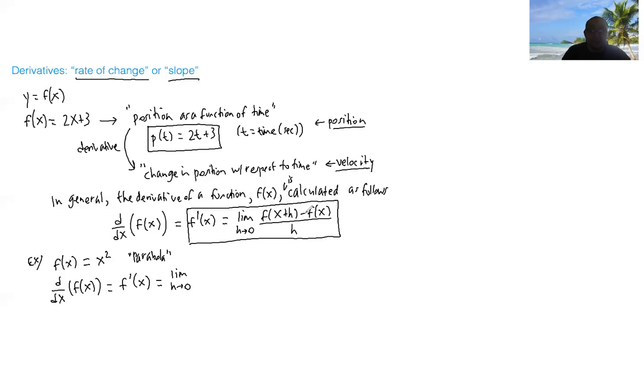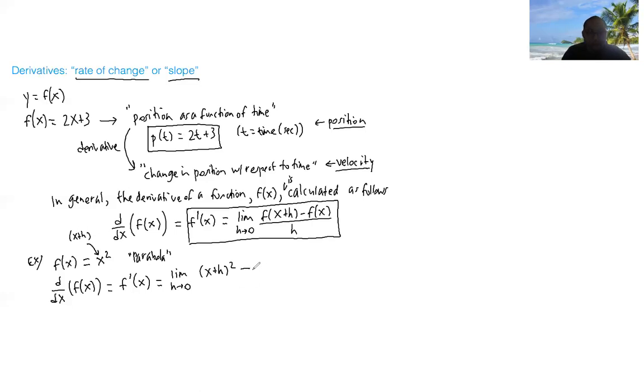What this means is, in the function that you're working with, in our case, it's x squared, wherever you see x in here, which is only here, you're going to replace that with x plus h, this entire term. So for f of x plus h, you're going to get x plus h squared, because all you did was replace x here with x plus h.